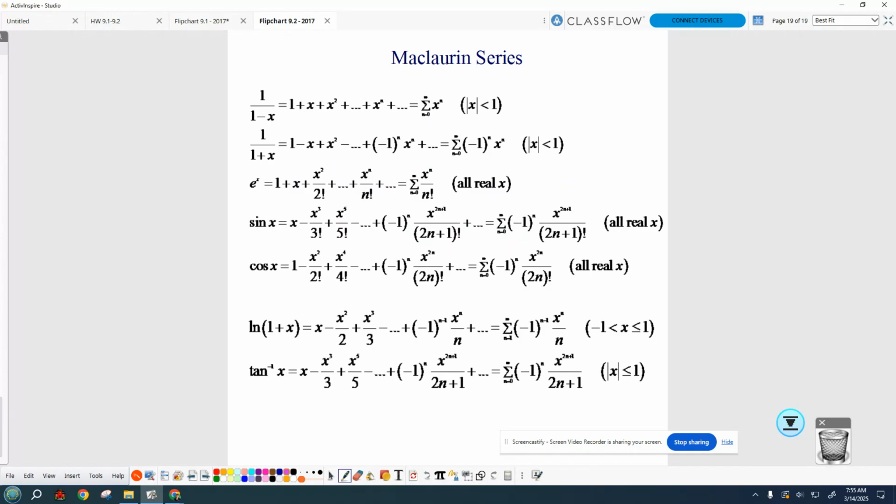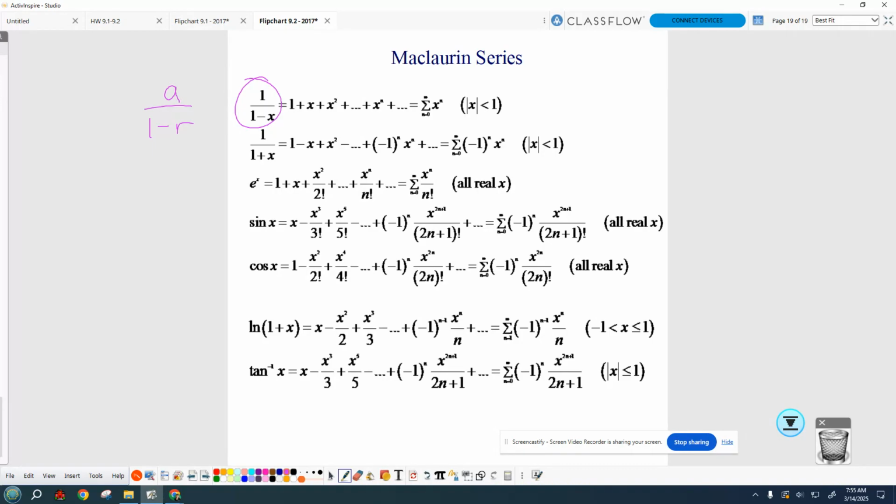I wanted to point out the last page of your 9.2 packet has the common things listed out. I do not want you memorizing most of these. First of all, this one, realize it looks like that and be able to produce the list.